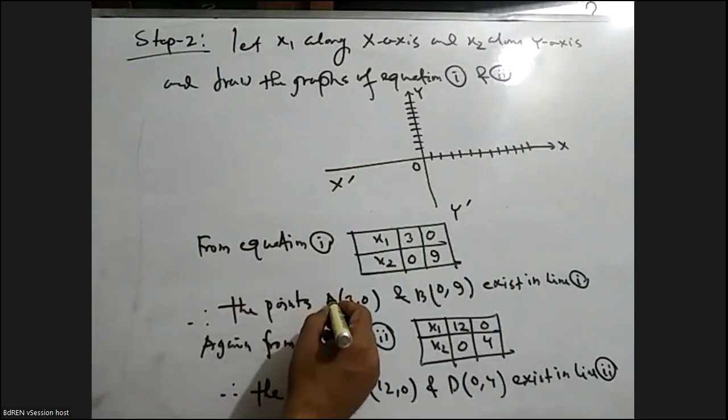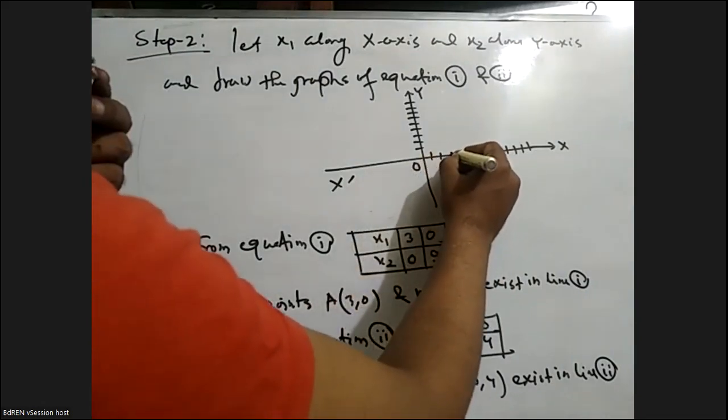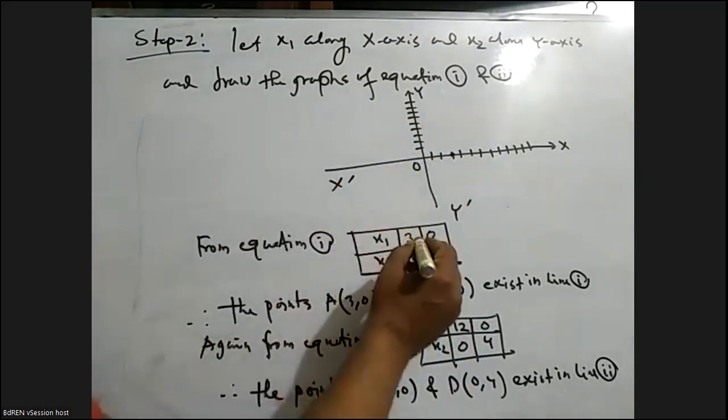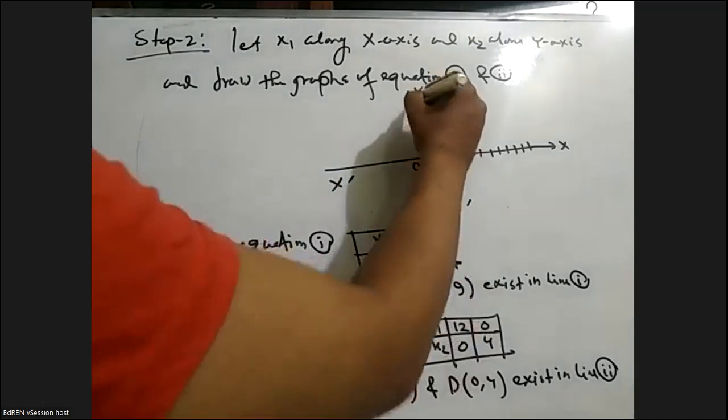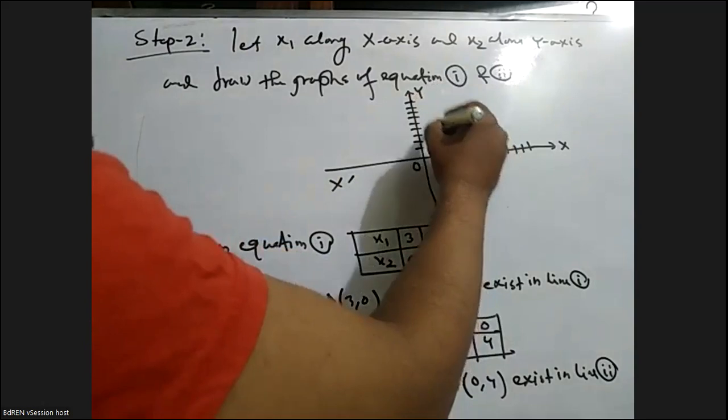Now, if you want to draw the line of equation 1, what will the A point be? 1, 2, 3. This is the A point. Okay. And the second point, B point, will be (0, 9). 1, 2, 3, 4, 9. So that is the B point.